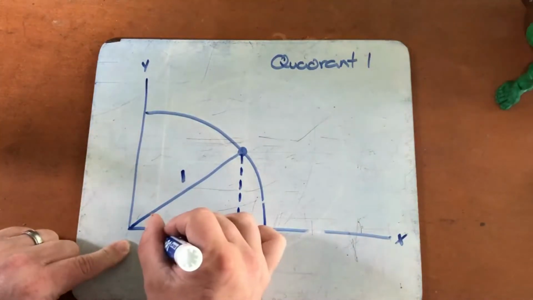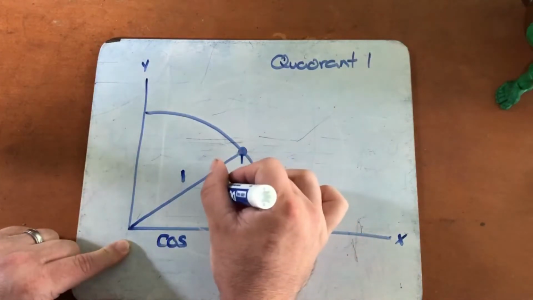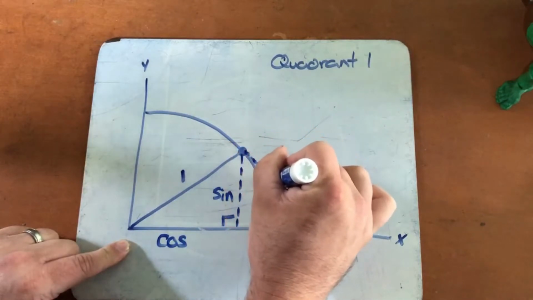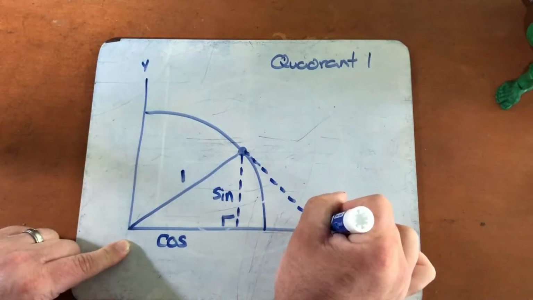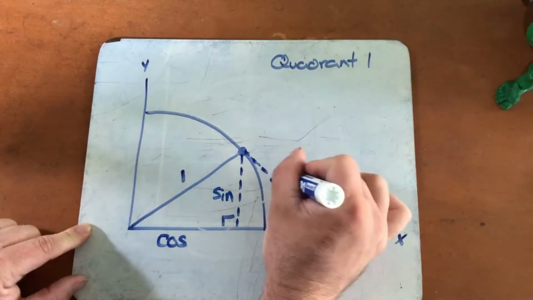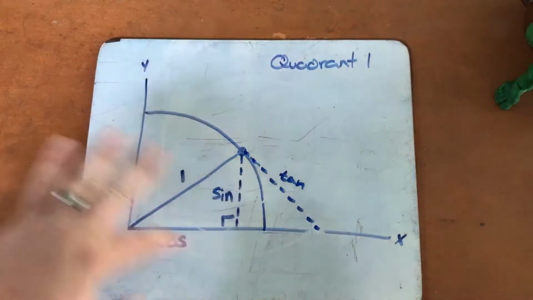This x-axis, we can think of that as cosine, the y-axis as sine, and then my tangent is the line tangent from that intersection down to the x-axis. Okay, so we're creating a triangle.